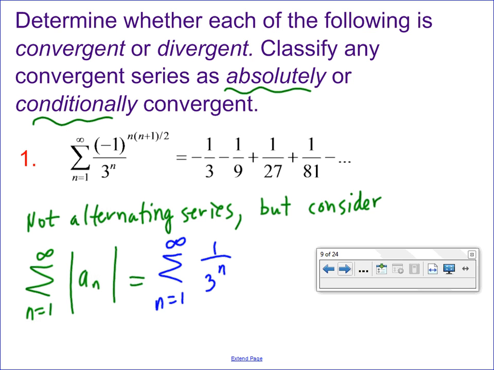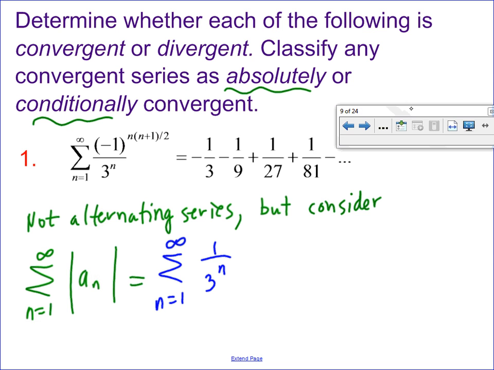That simple rewrite allows us to recognize this as what type of series? Geometric, with r equals 1/3. Therefore, since the series of the absolute value of terms converges, the original converges absolutely, and that's the strongest type of convergence.